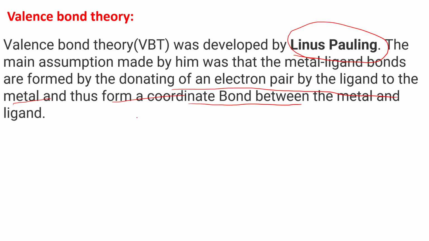So basically, he said that the ligand has a filled orbital containing electrons, and the metal has a vacant orbital, and both the electrons are transferred from this filled orbital to the vacant orbital of the metal, and a coordinate bond is formed between ligand and metal.